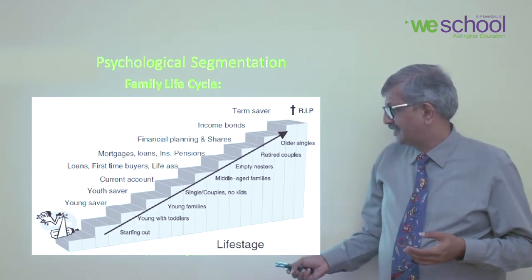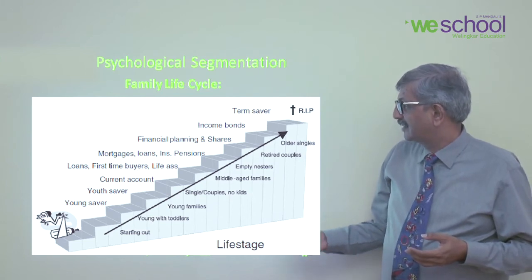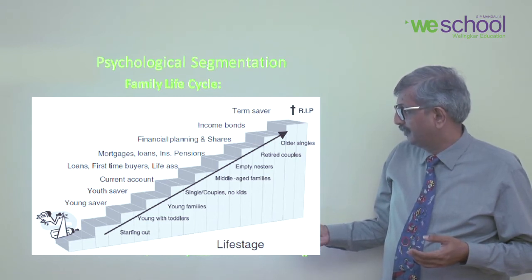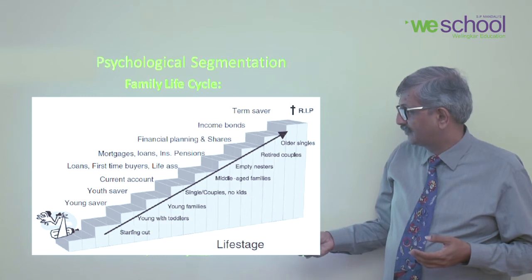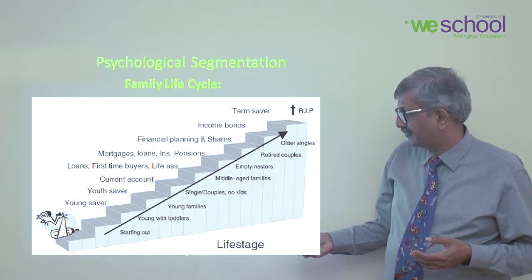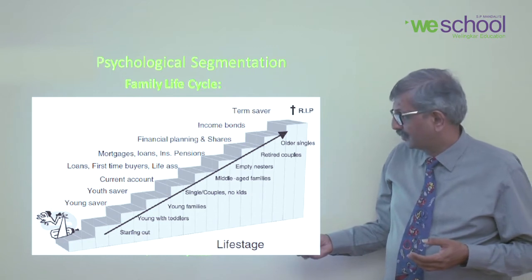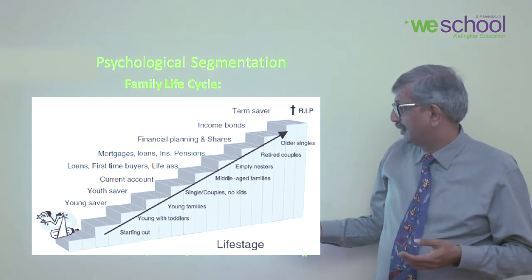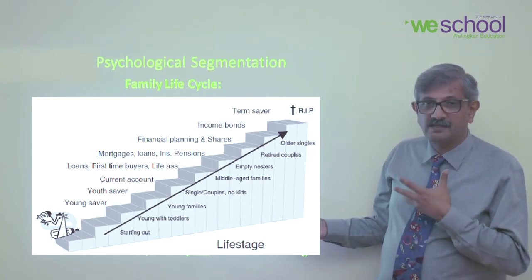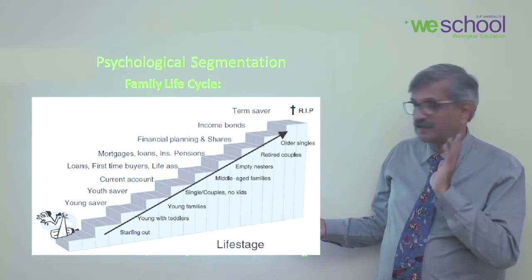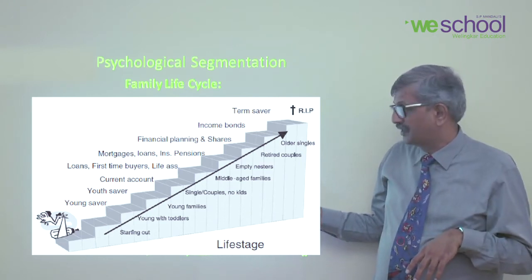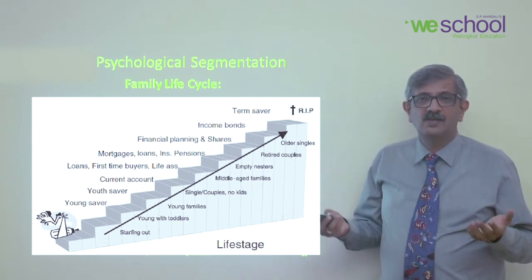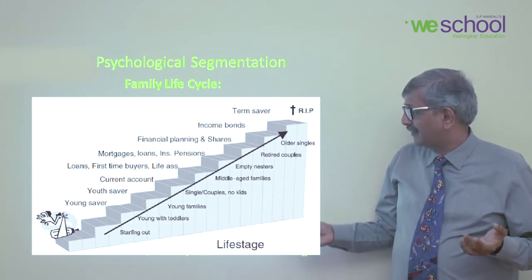There are life stages on the x-axis, and the y-axis has various parameters like age, family status, etc. Starting out with the young, with toddlers, young family, single couple with no kids, kids have married and gone, and middle-aged families or empty nesters who have retired and the kids have gone and settled elsewhere, retired couples, and older singles, where one of the spouses has died. That is what a life cycle is.